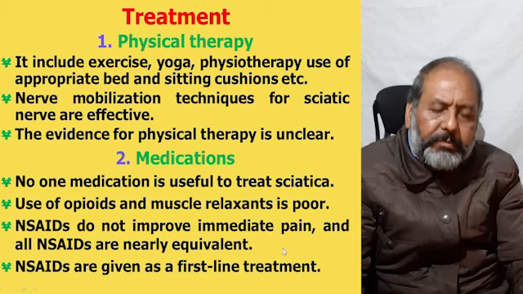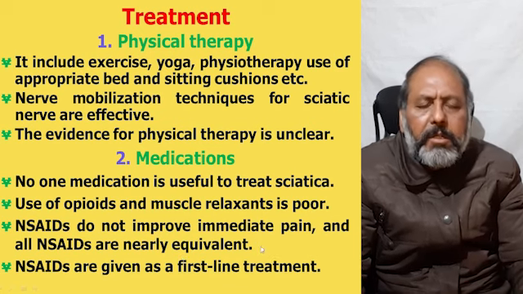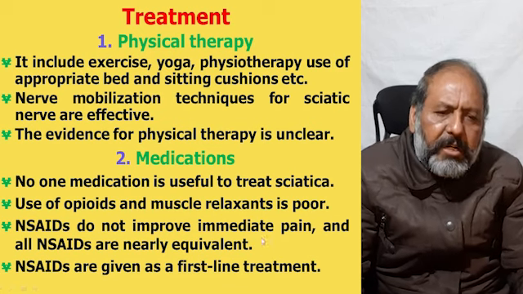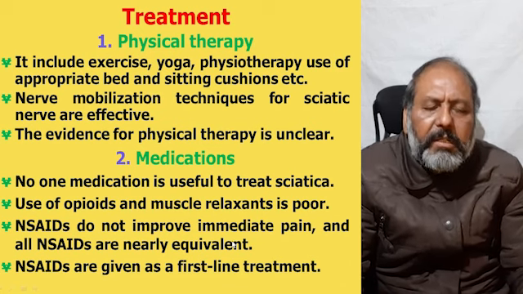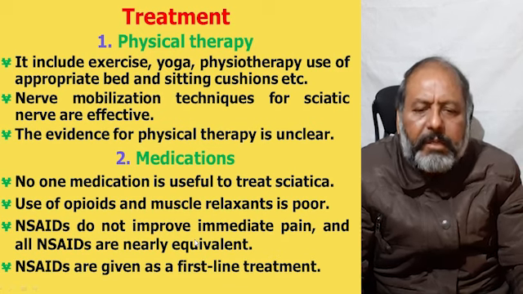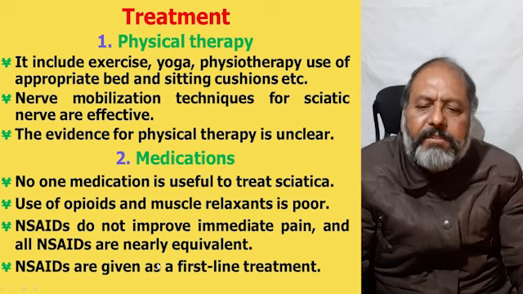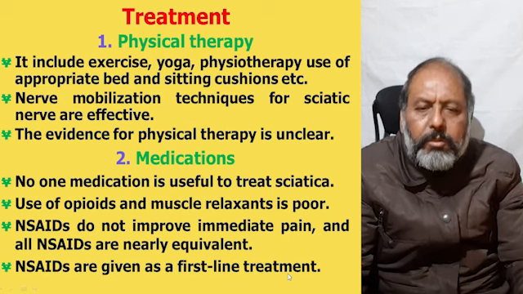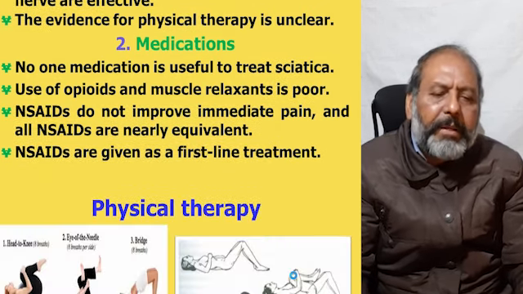One can use any one of them, diclofenac sodium, naproxen, lornoxicam and other molecules which are part of the non-steroidal anti-inflammatory drugs. NSAIDs are given as a first-line treatment to have relief from the pain.